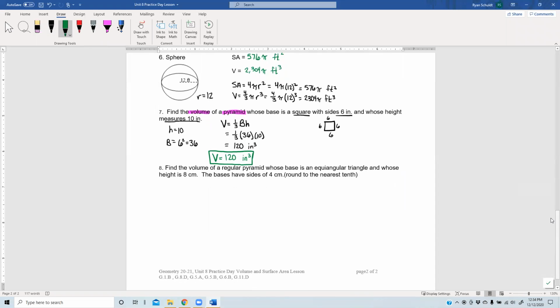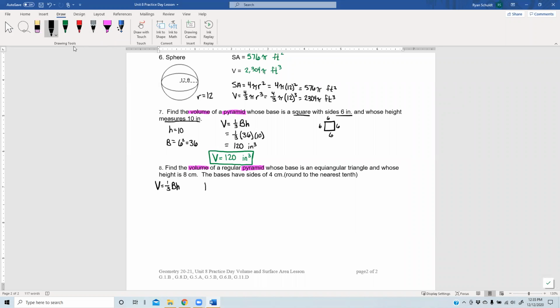Okay, and then number 8, find the volume of a pyramid. So I'm going to write that formula down again. That's my goal. Volume 1/3 BH, whose base is an equiangular triangle and whose height is 8 centimeters.